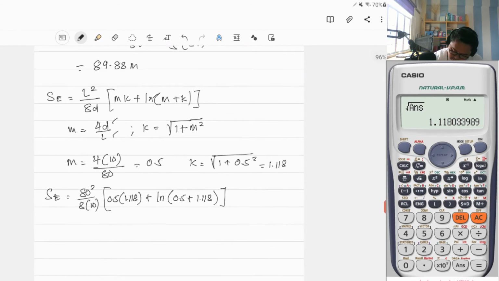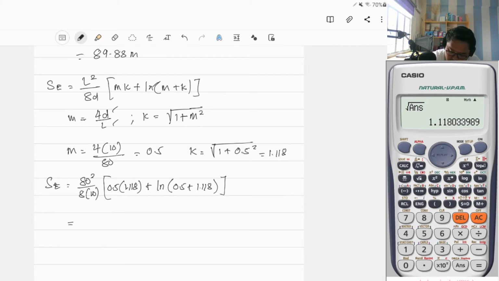Okay, so I will just store this, shift store A. So 80 squared over 80 times 0.5 multiplied by alpha A plus ln 0.5 plus alpha A.